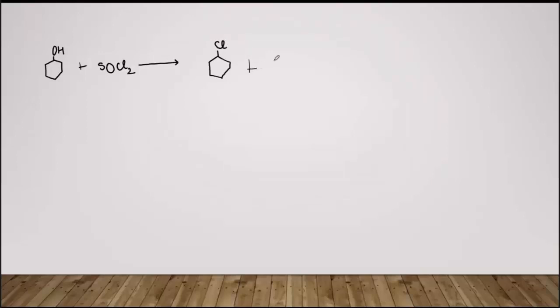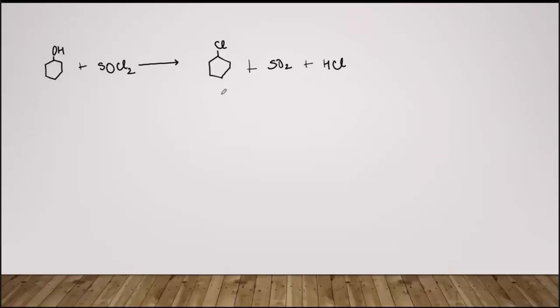Here we get two gaseous products, SO2 and HCl. We also discussed that these two gaseous products easily escape, and that is why this is the most preferred reaction for the preparation of haloalkanes from alcohols.